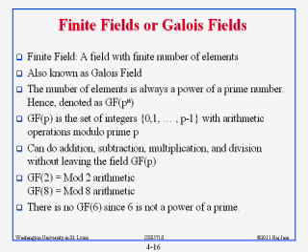GF(8) would be mod 8 arithmetic, but you have to define that carefully, as we will show you in a few examples later on, not just the way we did it. There is no GF(6) because 6 is not a power of a prime.